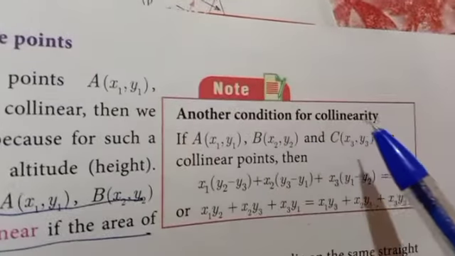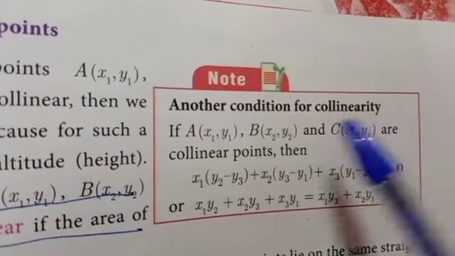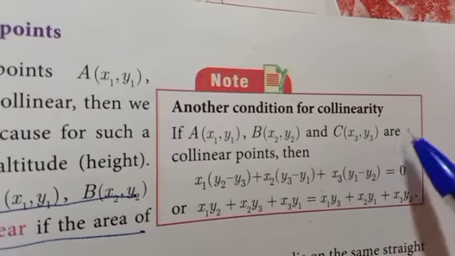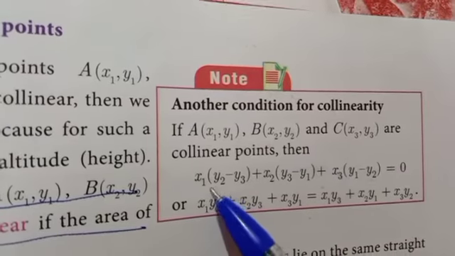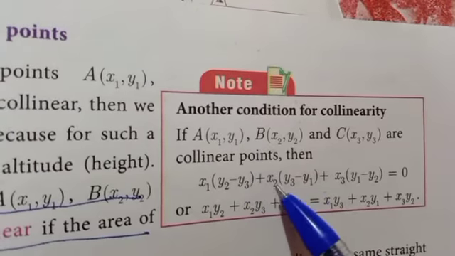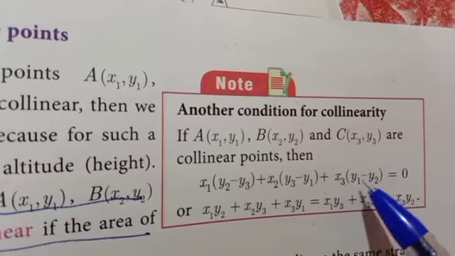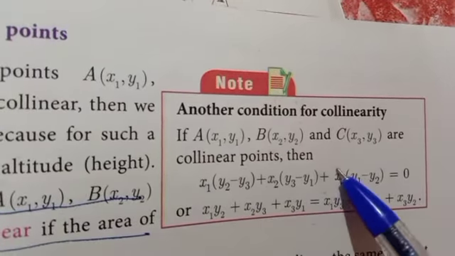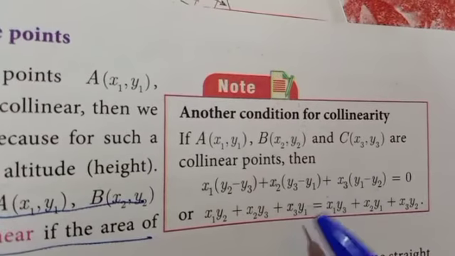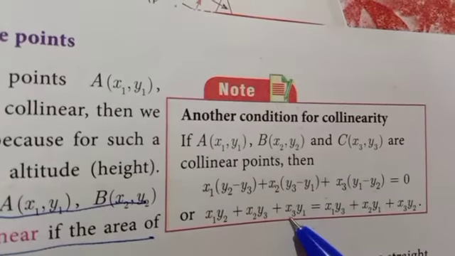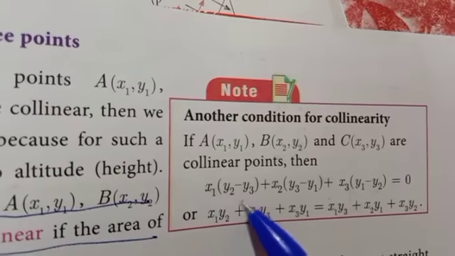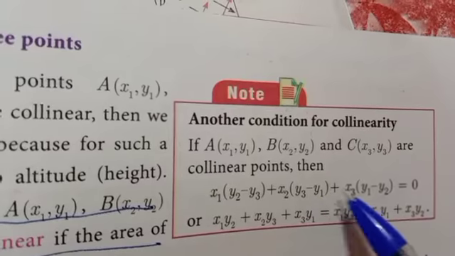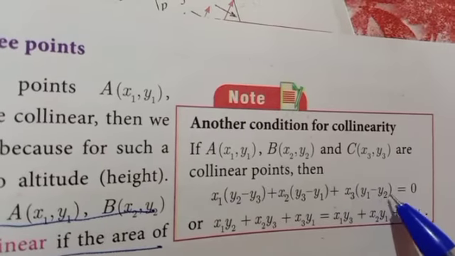Another condition for collinearity: if A(x1, y1), B(x2, y2) and C(x3, y3) are collinear points, then x1(y2 - y3) + x2(y3 - y1) + x3(y1 - y2) = 0. When you simplify this, you get this value, rewritten in this form: x1y2 - x1y3 + x2y3 - x2y1 + x3y1 - x3y2.